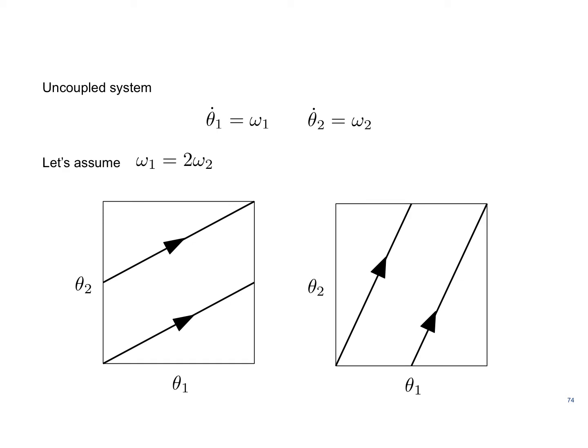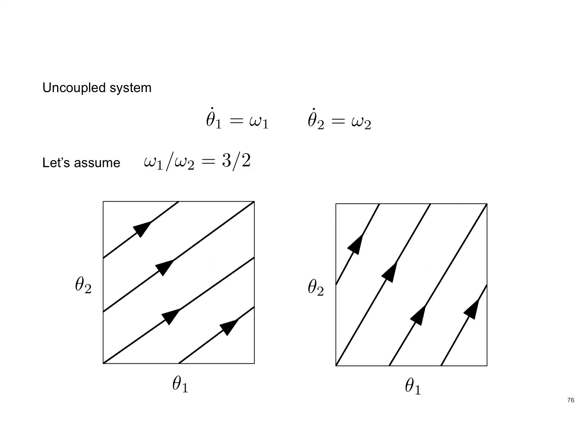So just pause if you want, and try to find out which one corresponds. As you may already realize, this is the correct one, because theta 2 moves 1 while theta 1 moves 2. So this is the correct square representation.